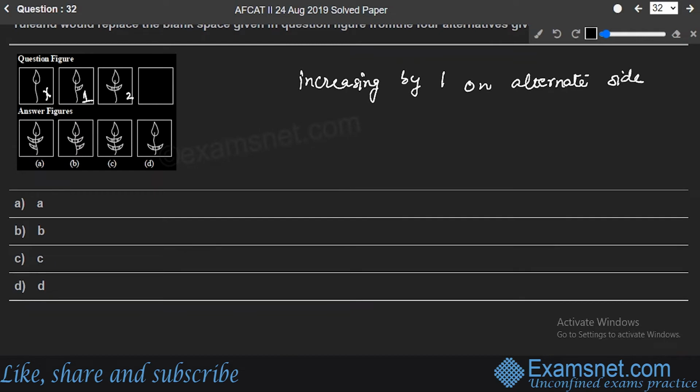So obviously, seeing from here, next I'll have the two leaves here and the third one will come over here on the right side. See, I started from here, then I made a leaf over here also, then in the third one I'll make a leaf on this side. So looking at this one, this fourth one exactly matches with option B. So this is the correct answer.